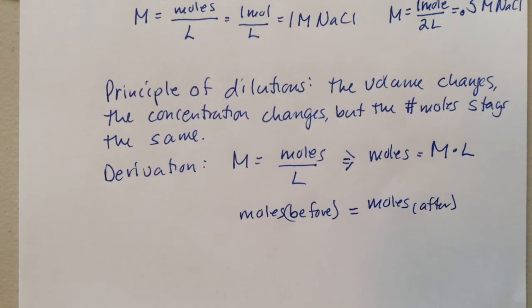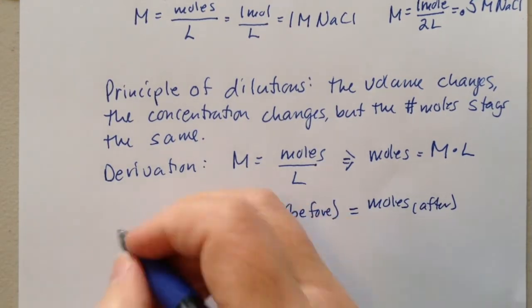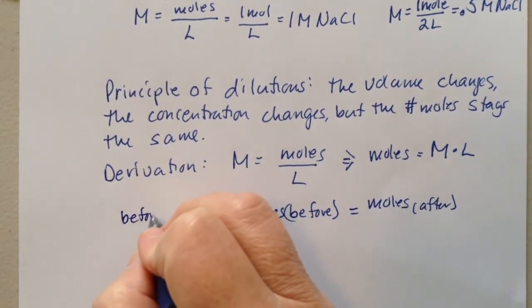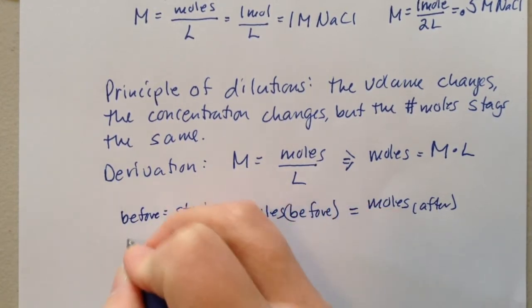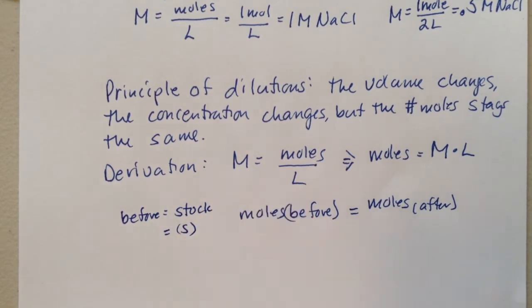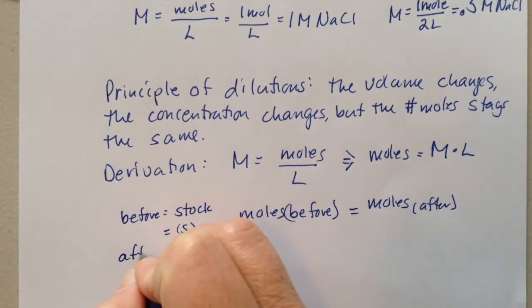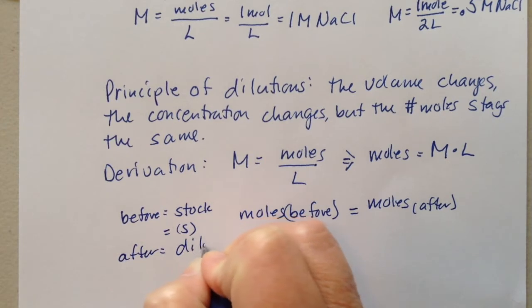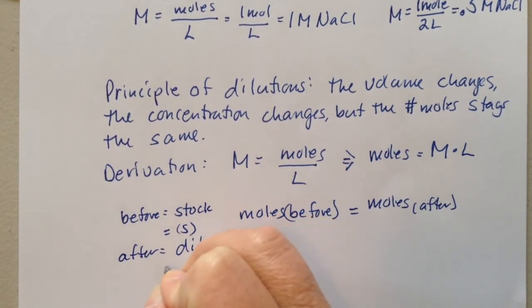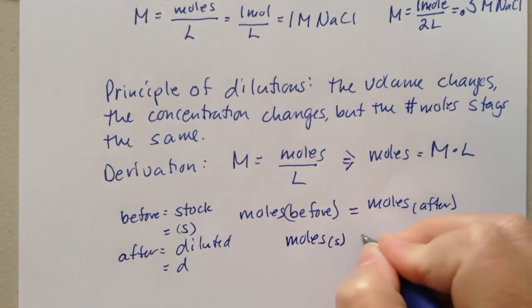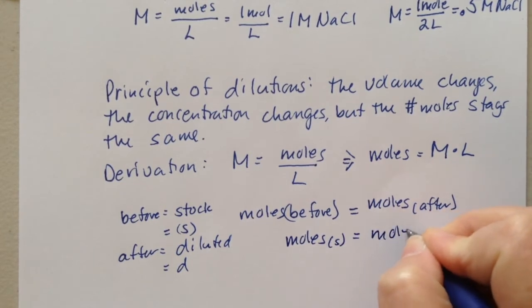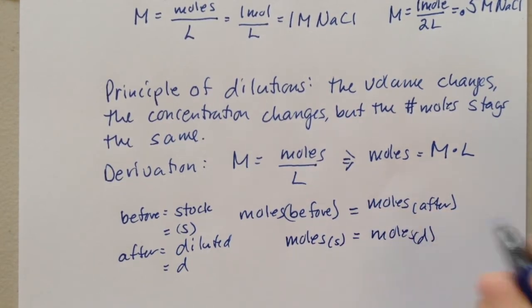And in the Canvas model, they said that before was the stock solution, so before was S, and then the after was the diluted solution, so they said D. So we can say that the moles of the stock solution equals the moles of the diluted solution, just like with our green food coloring.